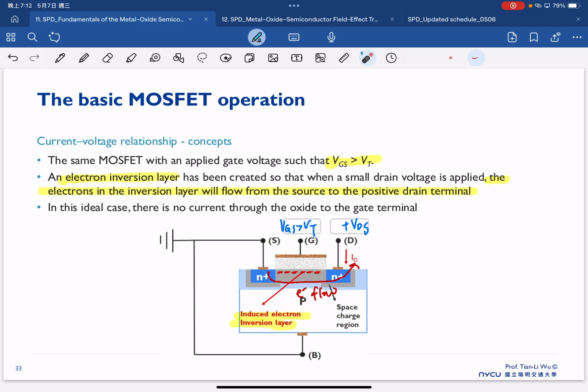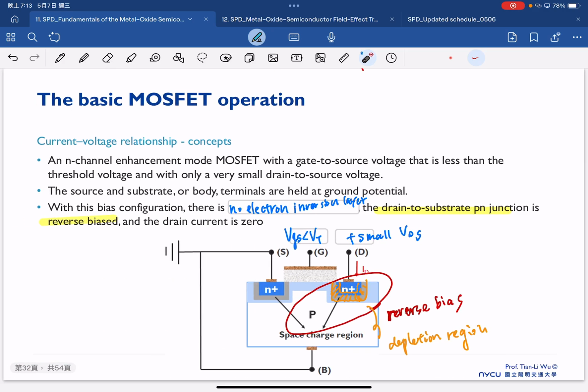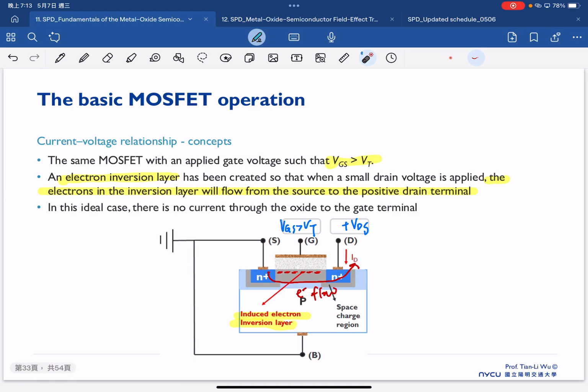There's also one thing I want to mention: this is the space charge region that I draw here, and it is due to the reverse bias of the drain to substrate PN junction.